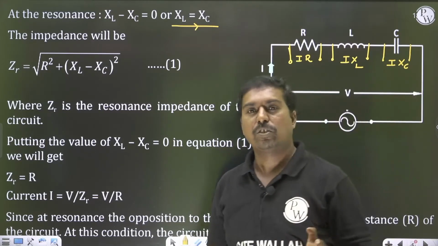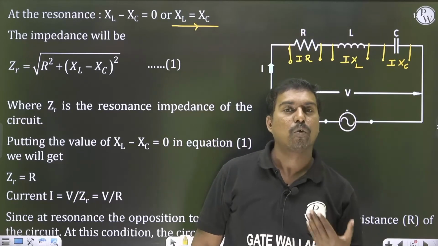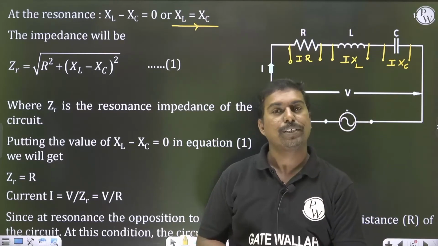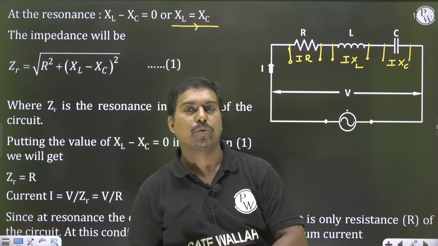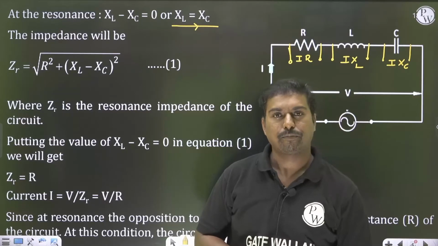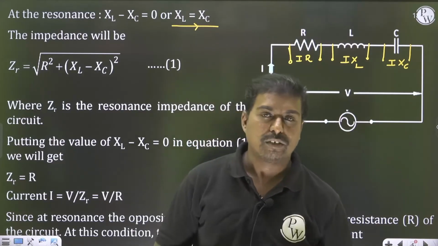For a pure resistive circuit, the voltage and the current are in phase with each other, whereas for an inductive circuit the voltage leads, and for a capacitor the voltage lags.